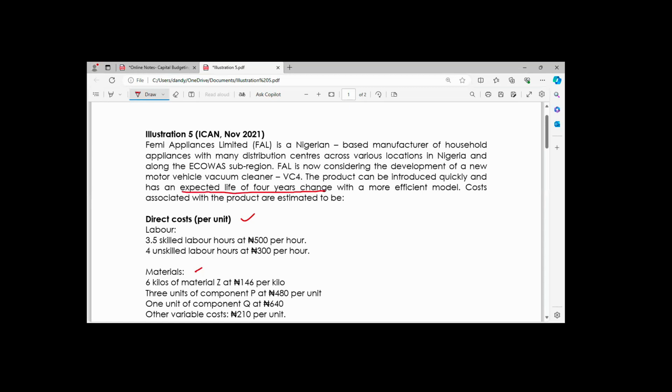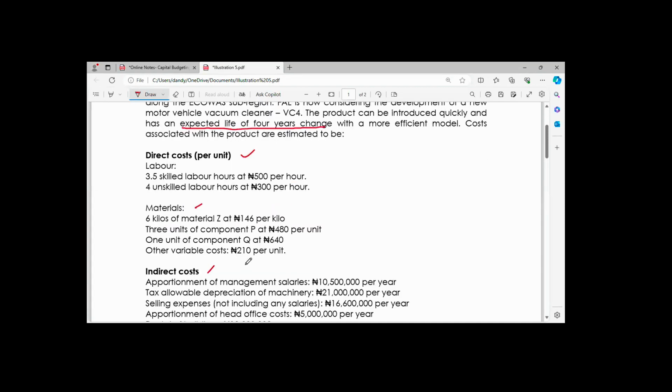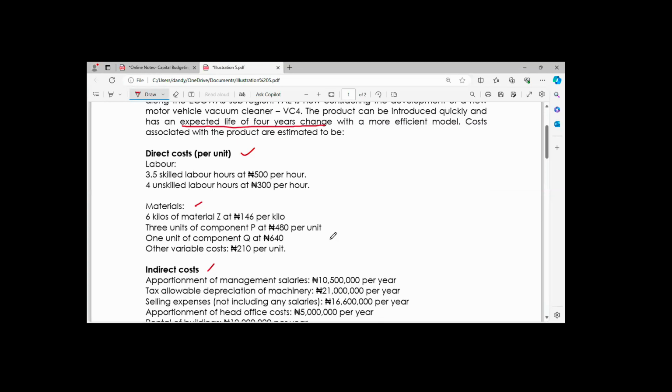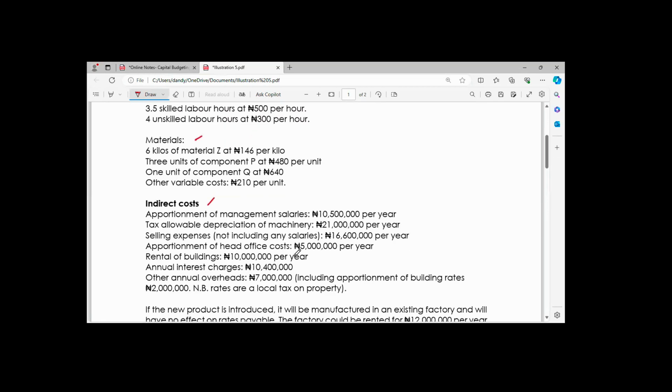Costs associated with the products are estimated to be direct costs, labor: 3.5 skilled labor hours at 500 naira per hour, 4 unskilled labor hours at 300 naira per hour; material: 6 kilos of material Z at 146 naira per kilo, 3 units of component P at 480 naira per unit, 1 unit of component Q at 460 naira. Other variable cost, 210 naira per unit.